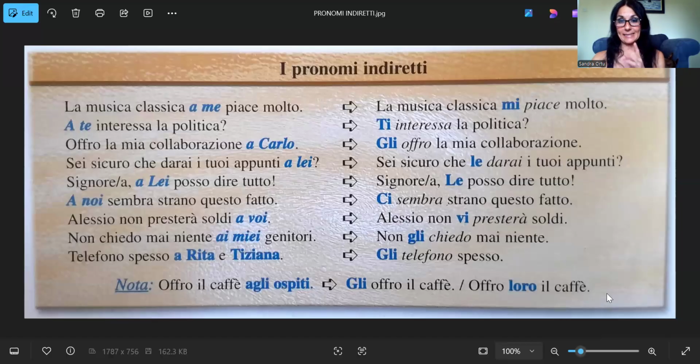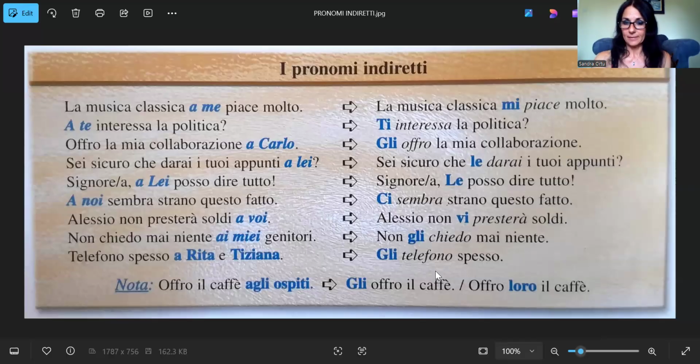However, the only difference is that offro loro il caffè sounds really formal, a little bit outdated, from a long time ago. You can probably see it in writing sometimes, in a more formal style. And gli offro il caffè is a little bit more modern.